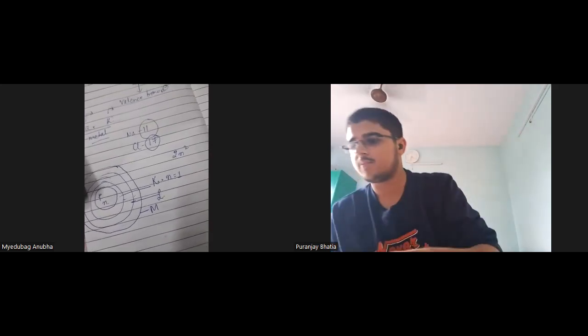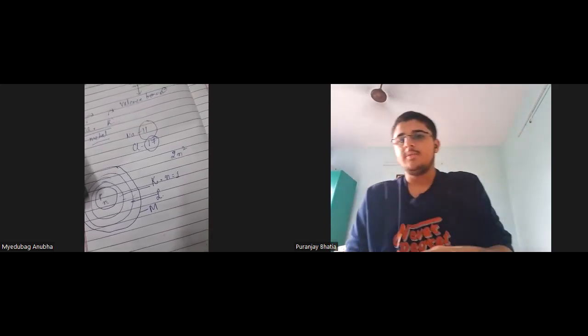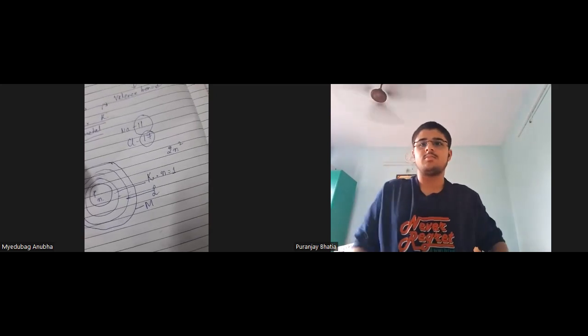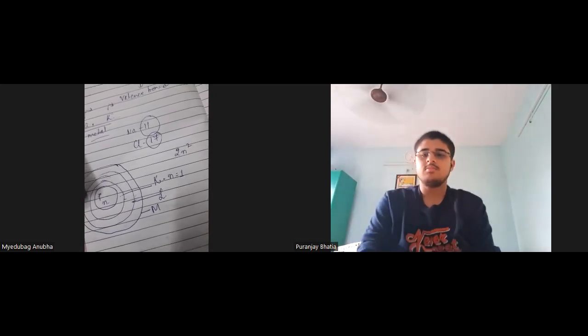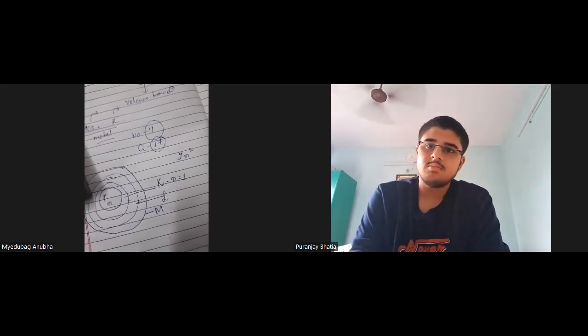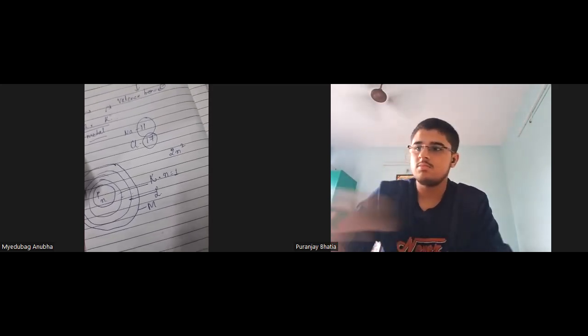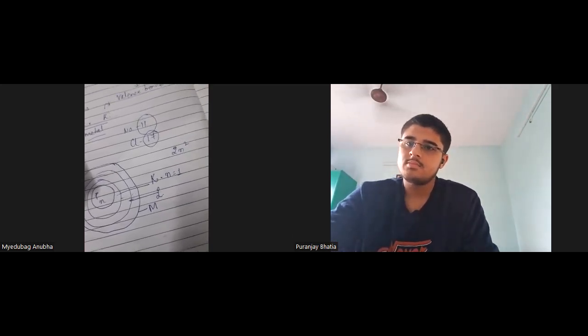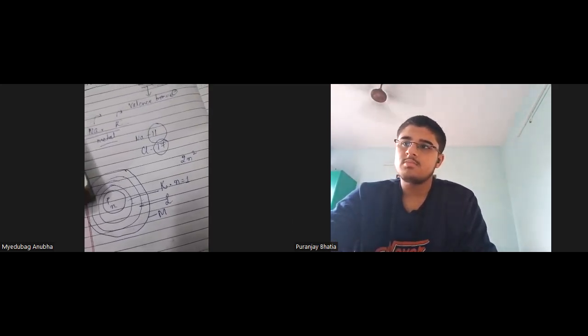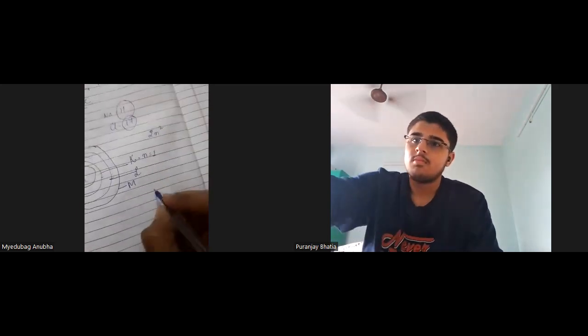The drawback of the Thomson model was that he just explained that the atom is electrically neutral. He just told that the magnitude of the positive charge is equal to the negative charge, which he proved. But he did not give the evidence. He compared the structure of an atom with a watermelon, if you remember. Let me just revise it.